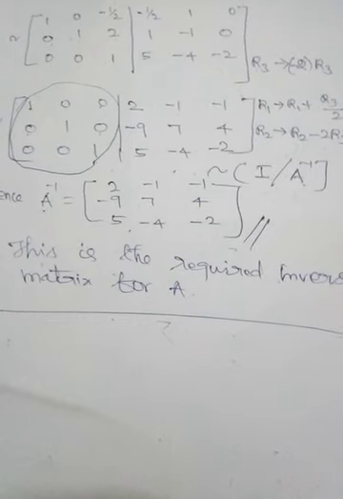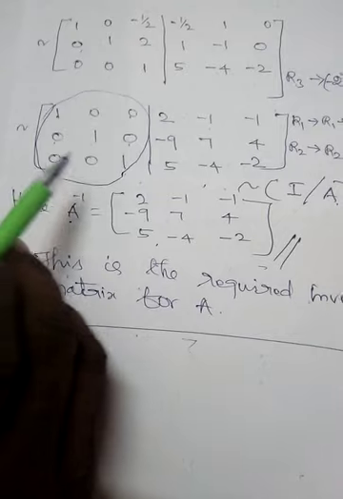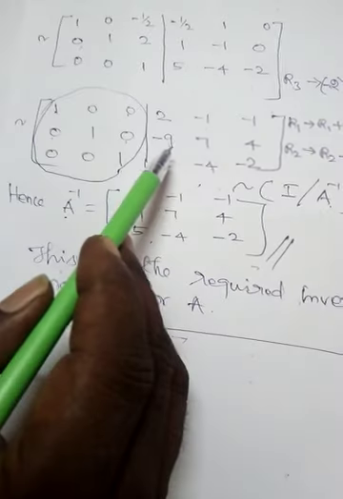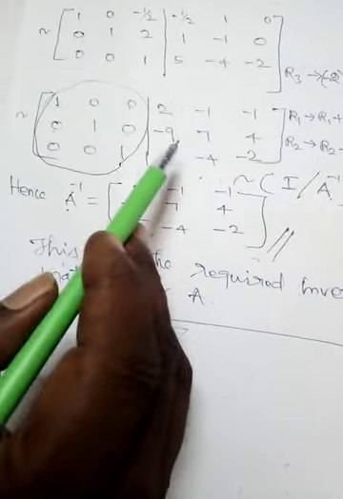Okay, are you clear? So finally we reached I along with the inverse, which is the required inverse of the given matrix.